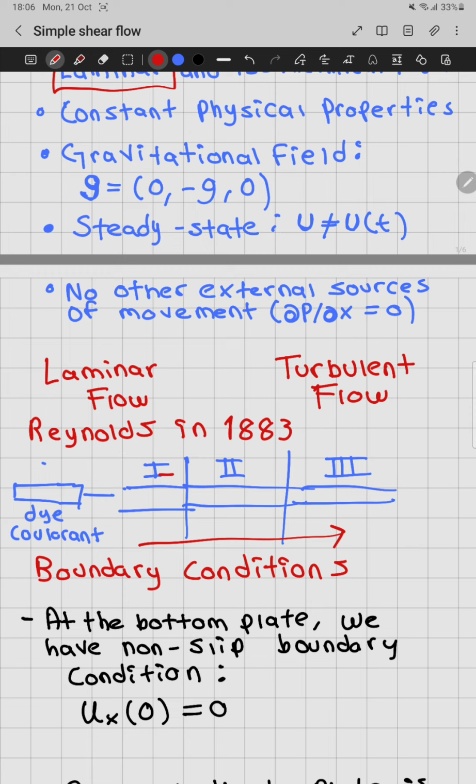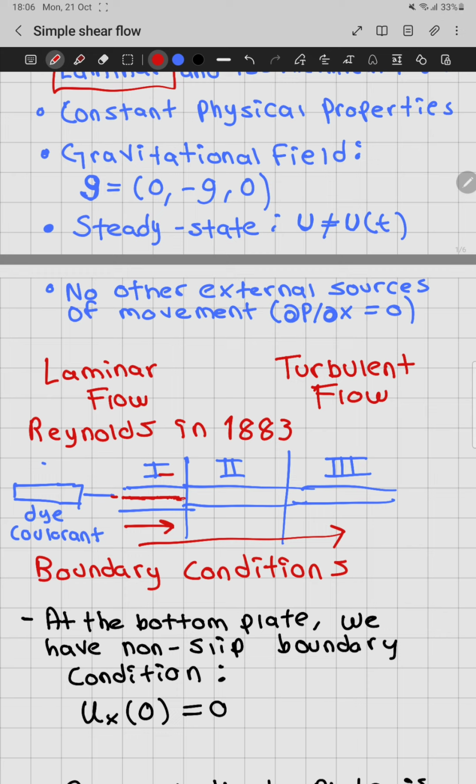As I said before, the fluid is moving in the x direction, and he introduced the colorant through here. He noticed that the layer of fluid with the colorant remained the same. The layers of fluid did not mix, so he had something very uniform.